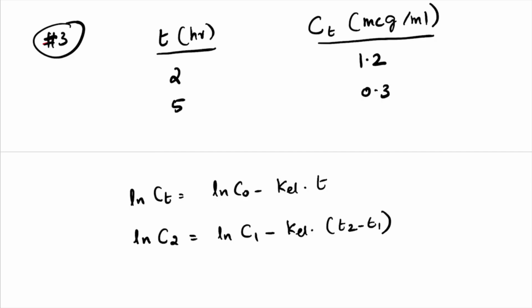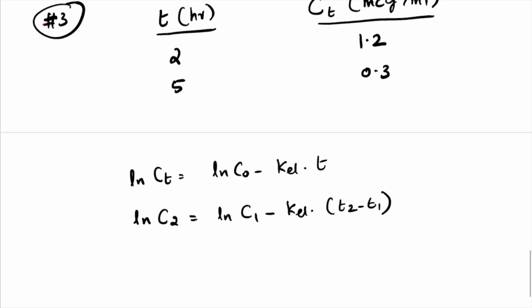So in this case, natural log of 0.3 is equal to natural log of 1.2 minus KEL times 5 minus 2.